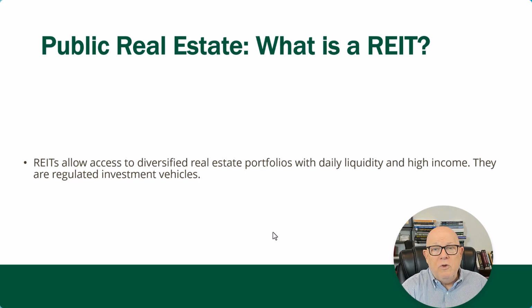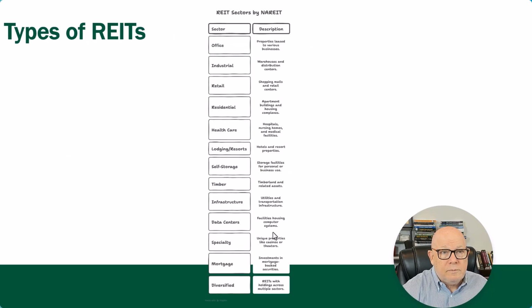You give your money to the real estate investment trust. They either buy the individual real estate properties and manage them, or they invest in other property management companies. So you can pretty much get it in any sector. You can get a diversified real estate investment trust. This is the National Association of Real Estate Investment Trusts.